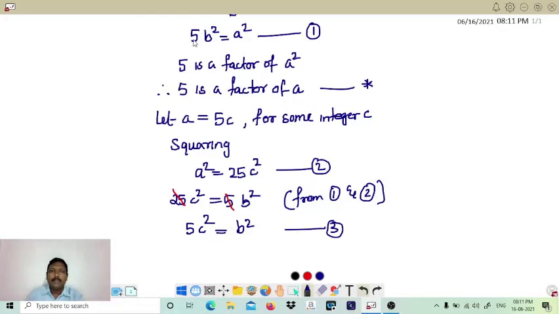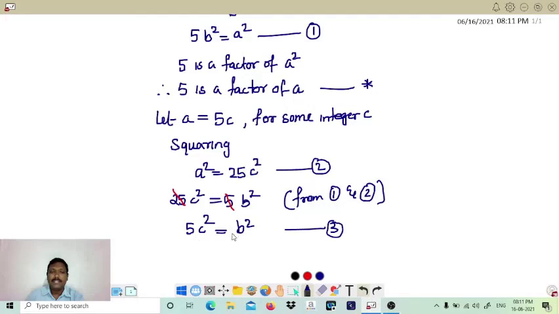Now look here, equation number 1: 5b squared is equal to a squared. We proved here 5 is a factor of a squared.